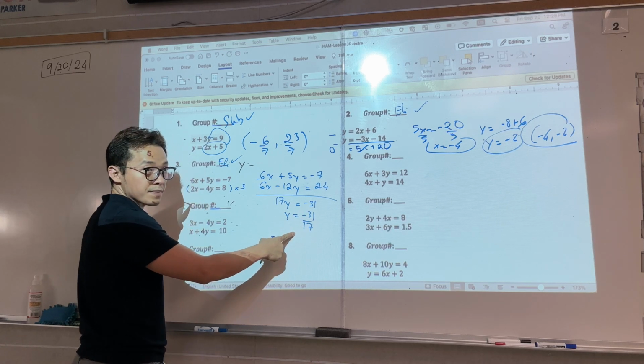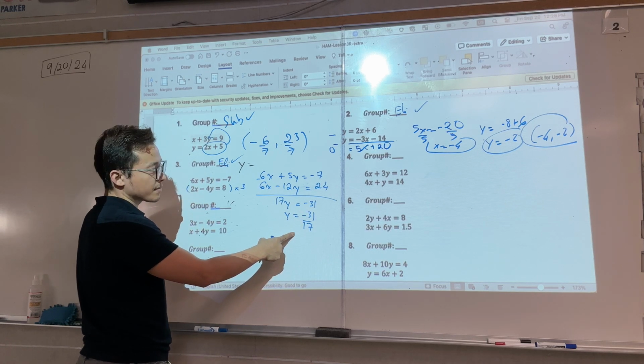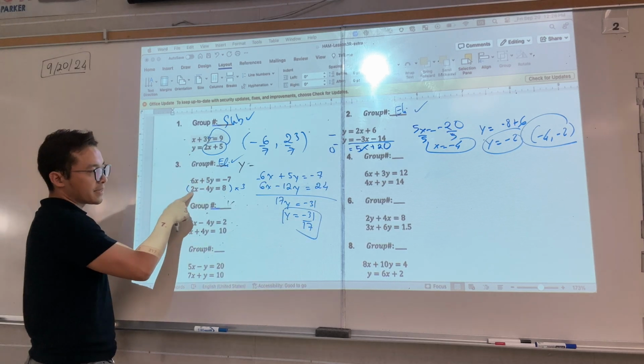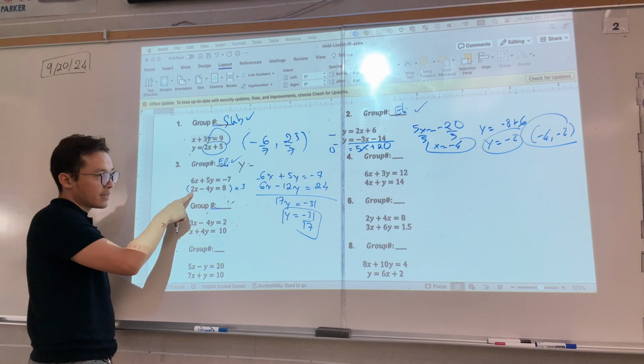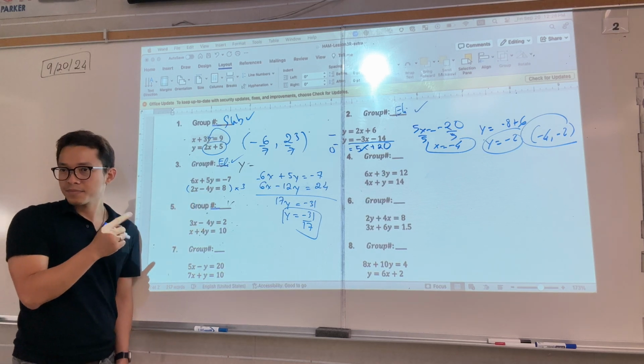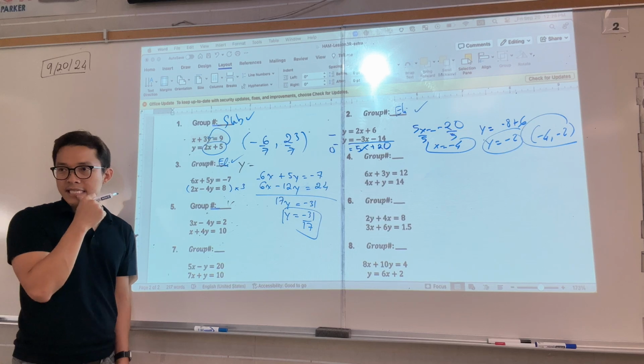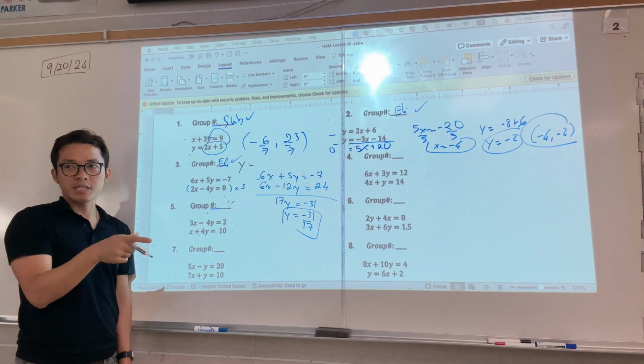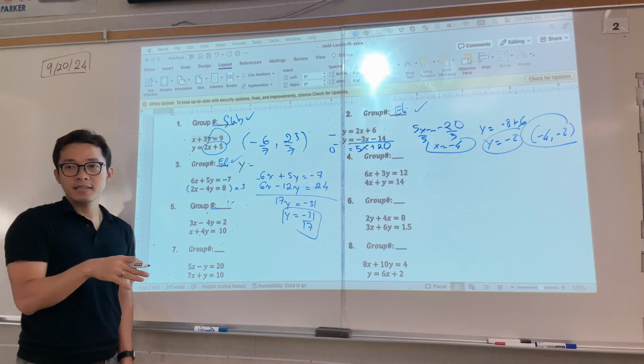This one, what did you get? Yeah? Right? Okay. And then you can plug in anywhere. But this one, you can also simplify it. 2, 4, and 8. Did you know you can simplify it? Can you divide all of them by 2?